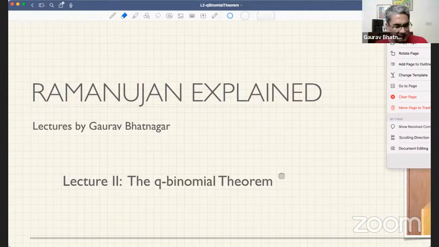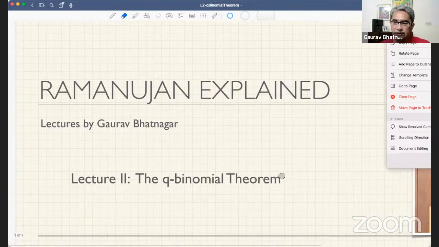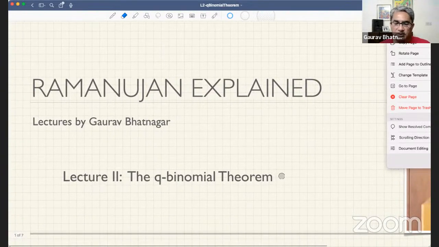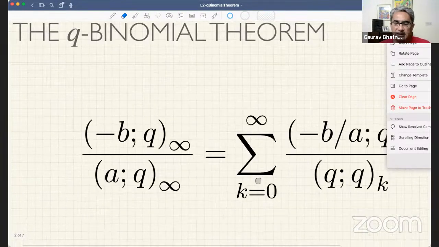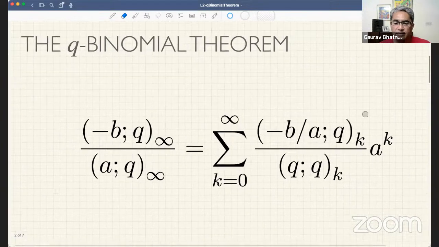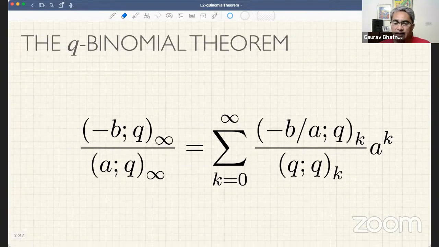Okay, so this lecture is on the q-binomial theorem. It's the smallest of all the binomial theorems, the q theorems which Ramanujan had, and this is in chapter 16. This is what the theorem says, and I will explain what each of these terms mean, and we will prove it.